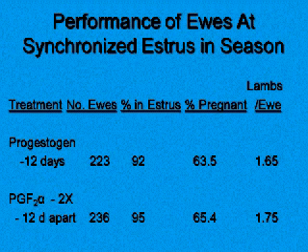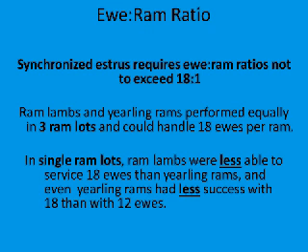Now the question becomes, what do we do when we want to breed these animals out of season? And so we have to think about that. The other thing we have to think about is what kind of ram power do we need in synchronized estrus?